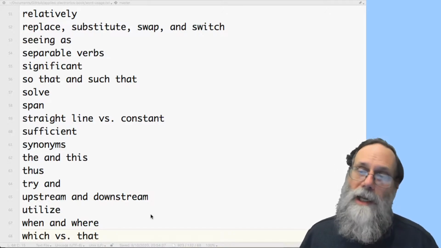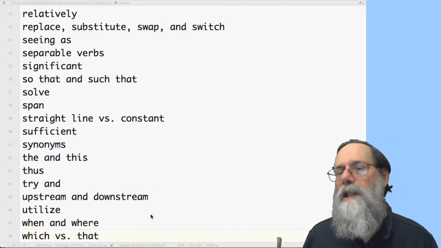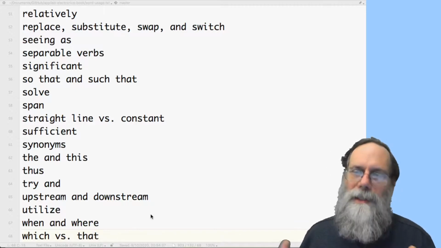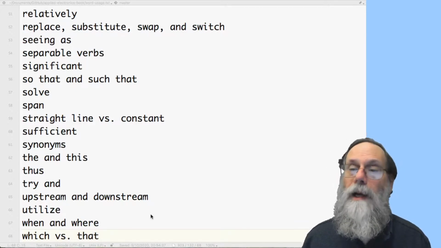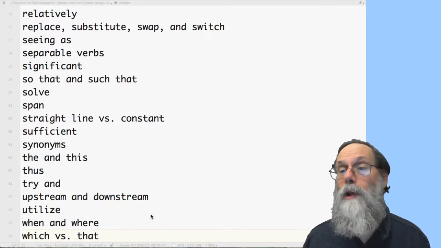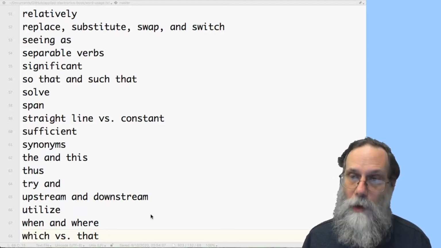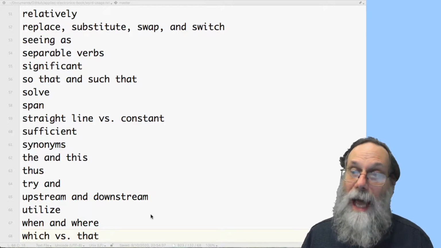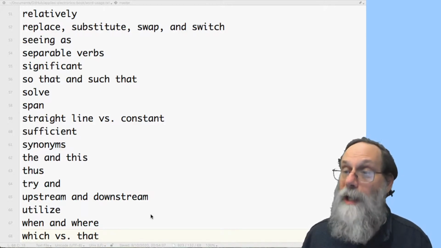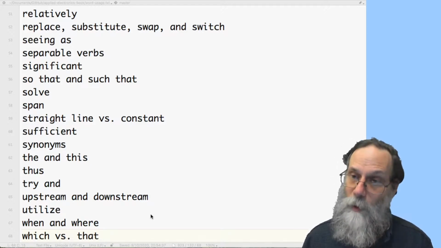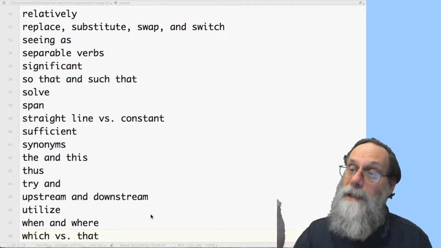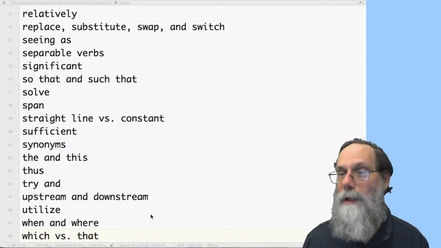That is to say, it is providing additional information that doesn't change the thing being described. "That" is used for restrictive clauses, where it is picking out of a larger set of things the one that we're interested in. The one that we're interested in is telling you which one you want.